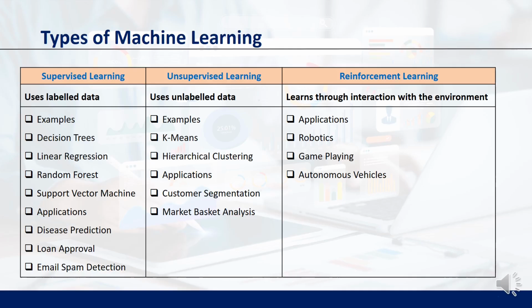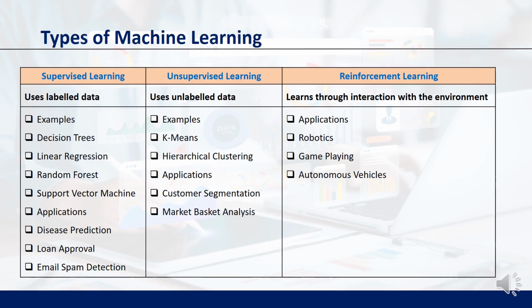Examples: k-means clustering and hierarchical clustering. Applications include customer segmentation and market-basket analysis. For example, an organization may have customer data but may not have the customer groups in advance. An unsupervised learning algorithm can identify the groups of similar customers.